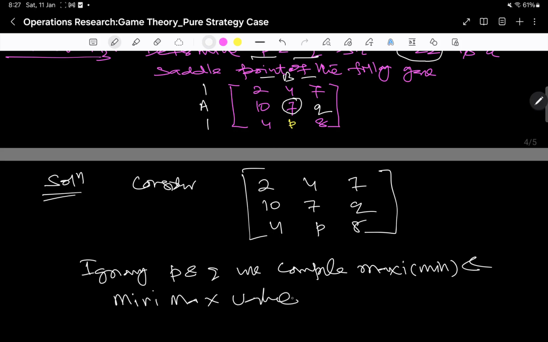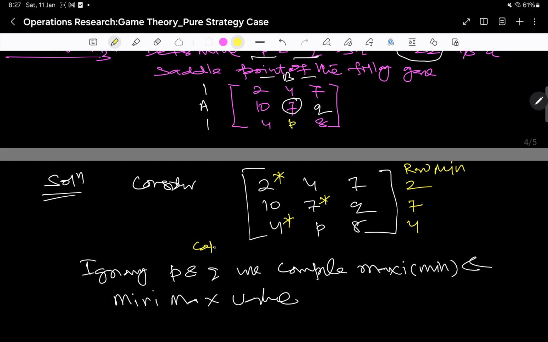As you see here, what are the row minima for the maximin? Here the row minima is 2, I mark it star. The row minima is 7 here, I mark it star. The row minima is 4 here, I mark it star. Then what is my column maxima?